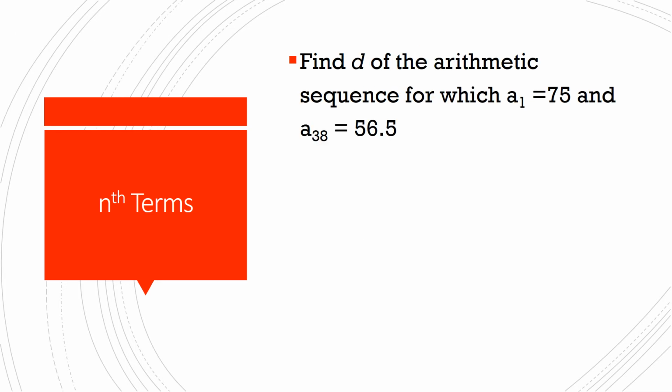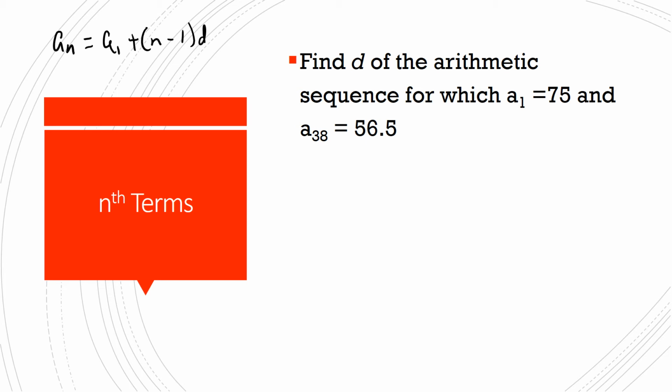All right, so here we've got: find d, the common difference of an arithmetic sequence for which a_1 equals 75 and a_38 equals 56.5. And we're going to go this same way. So we've got this explicit formula, a_n equals a_1 plus n minus 1 times the common difference.